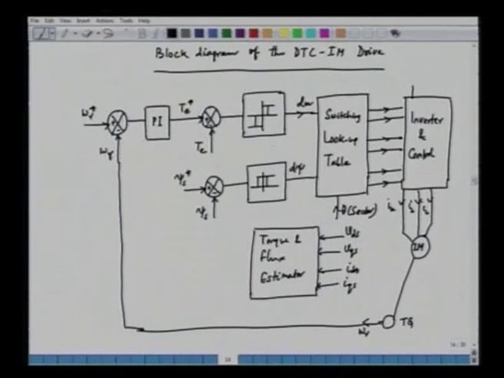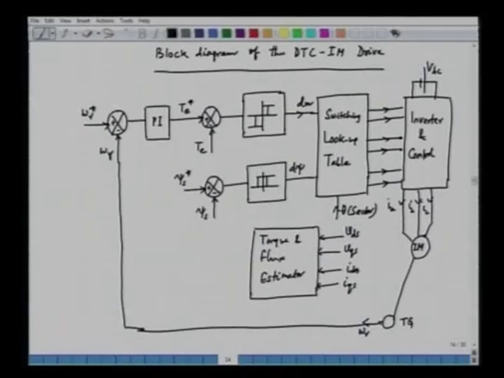And the inverter will be fed from a DC source. This is our VDC. It is a voltage source inverter. So, we have to have a DC supply which can be obtained by means of a rectifier as well. So, this DC supply will be the input to the inverter, and the inverter will be controlled by these signals that has been obtained from the switching lookup table, depending upon which vector is to be applied.